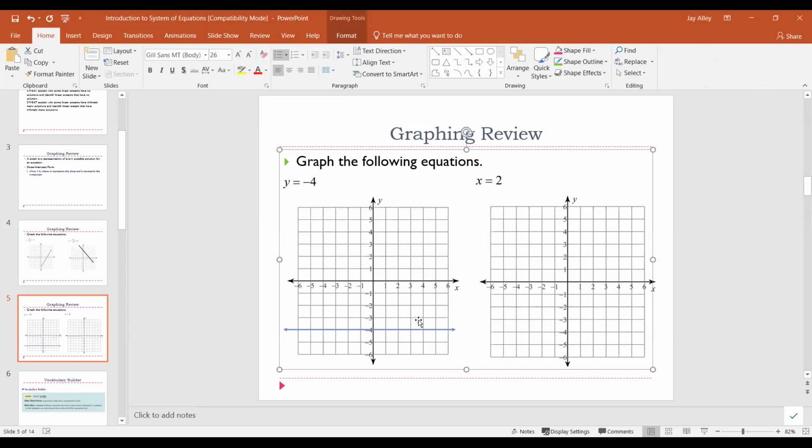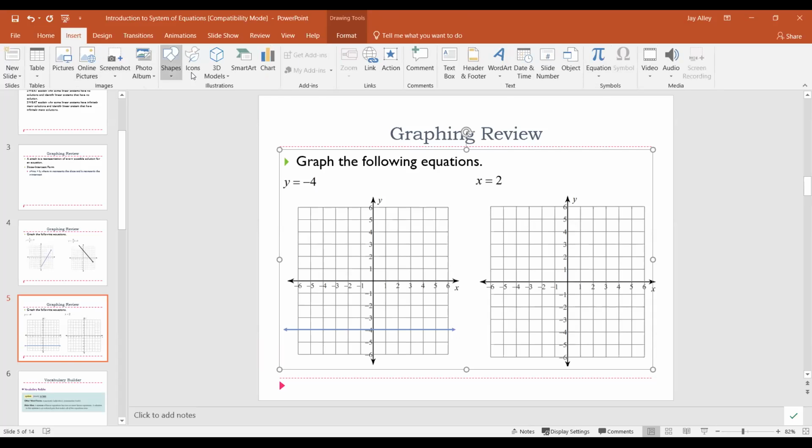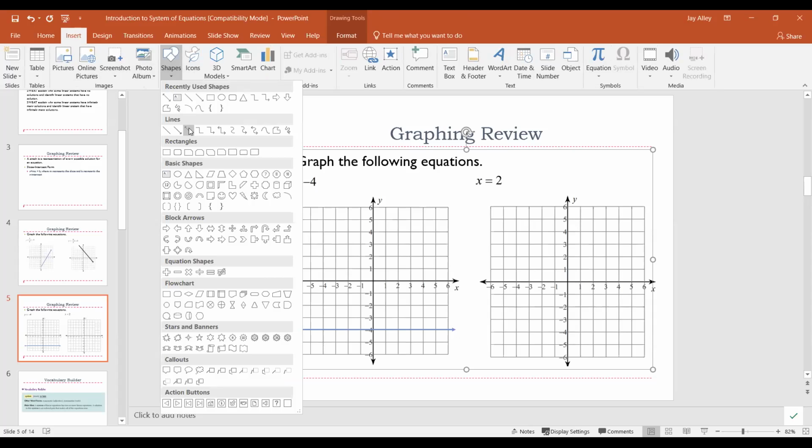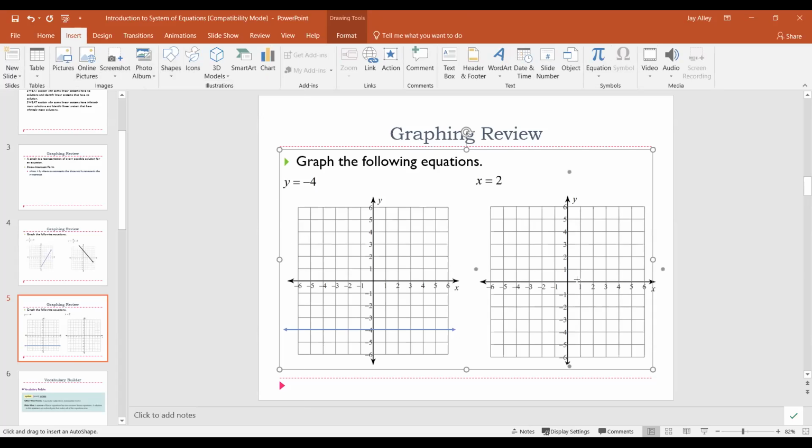So if this first one is a flat line based on y equaling some number, where's the second one going to go? X equals 2. Right here is where x equals 2. Up and down.